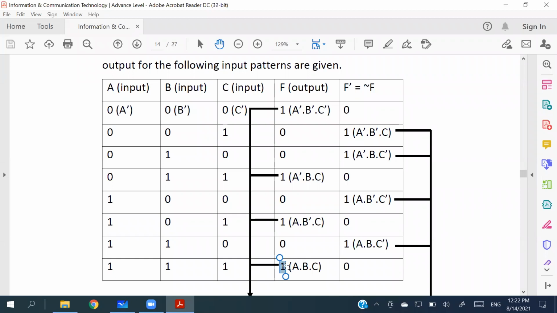A, B bar, C. Yes, yes. SOP is correct. Let me see the POS. B, C and A bar, B, C, A bar, B bar, C. Yes, perfect, perfect. Very good.